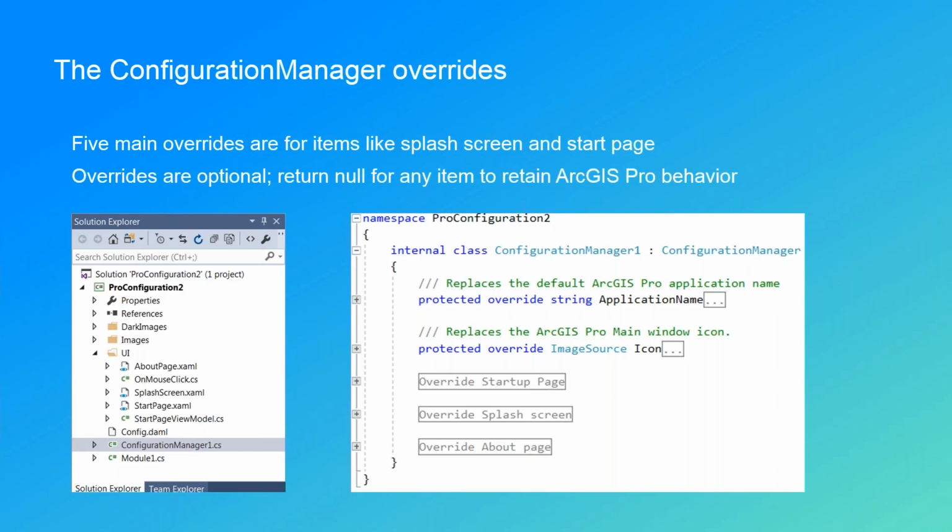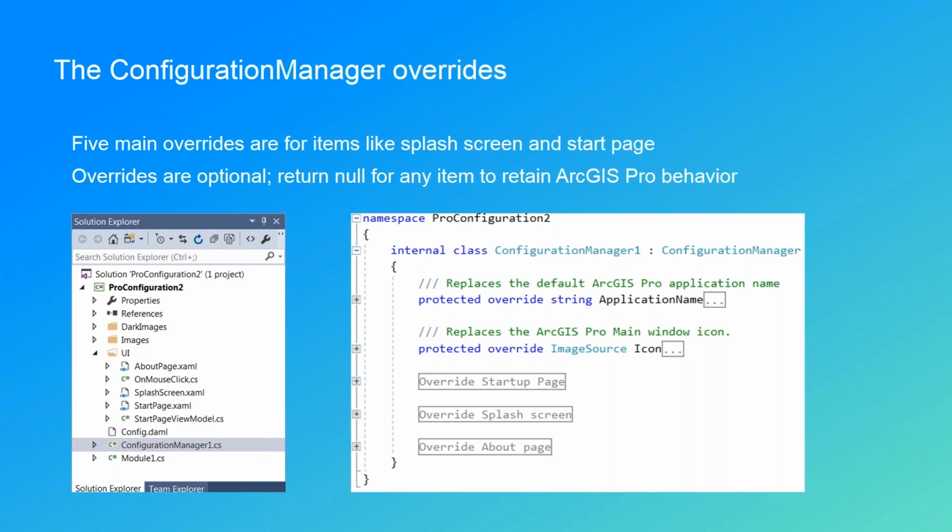There's these 5 main ones, and what you're going to do is override their methods, so that when Pro starts up, it finds your splash screen instead of the regular Pro splash screen. You can decide which of these you'd like to override. If you only want to do one of them, that's fine. Maybe you want a custom start page, but you're fine with all the other aspects of Pro.